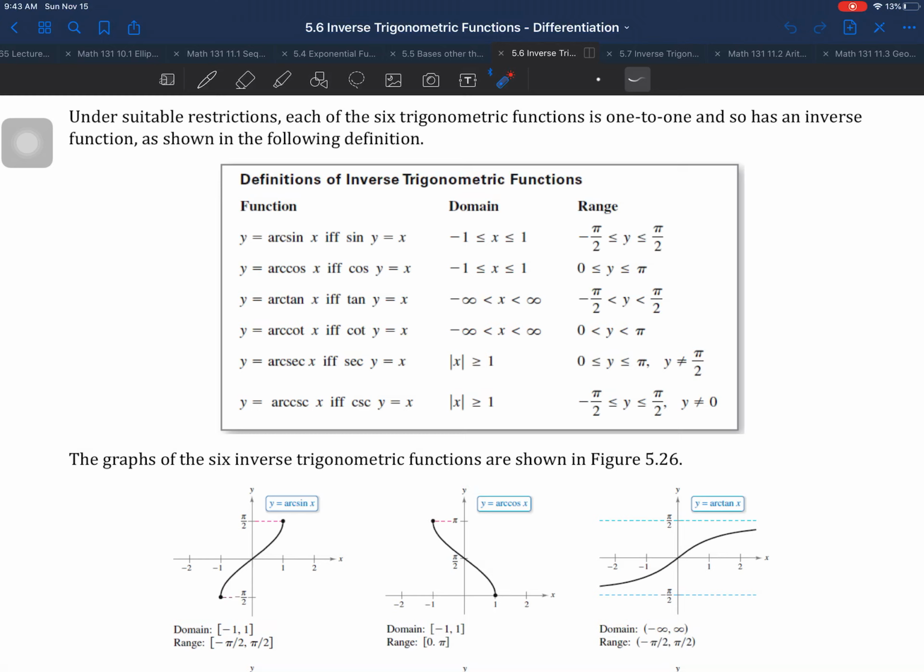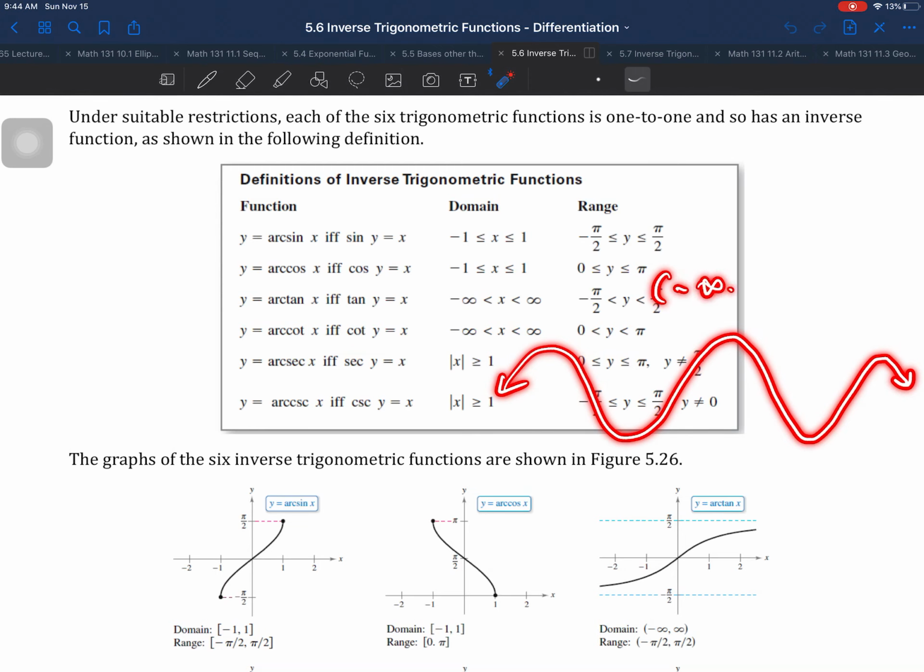So I don't recommend you guys memorizing this. I want you to be familiar, but all I do is just remember the domain and range of the sine, and remember that that's actually very easy to find, right? The sine function goes like this, and periodically it goes from -infinity to infinity.